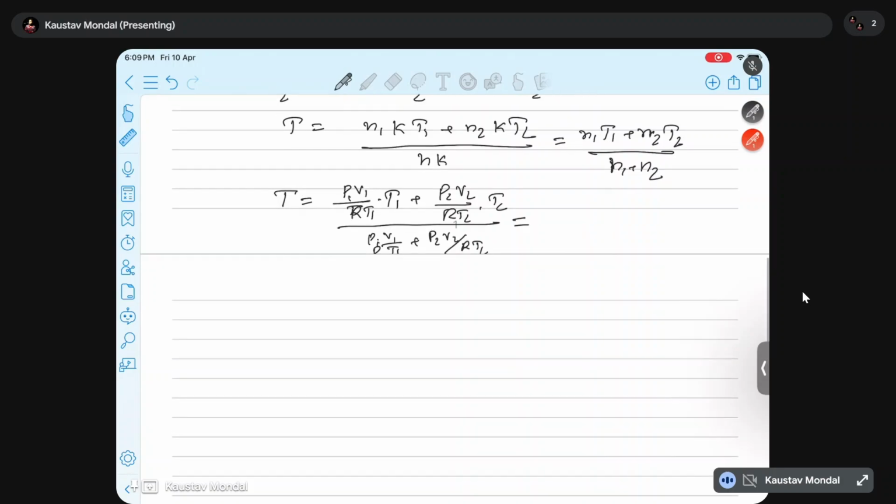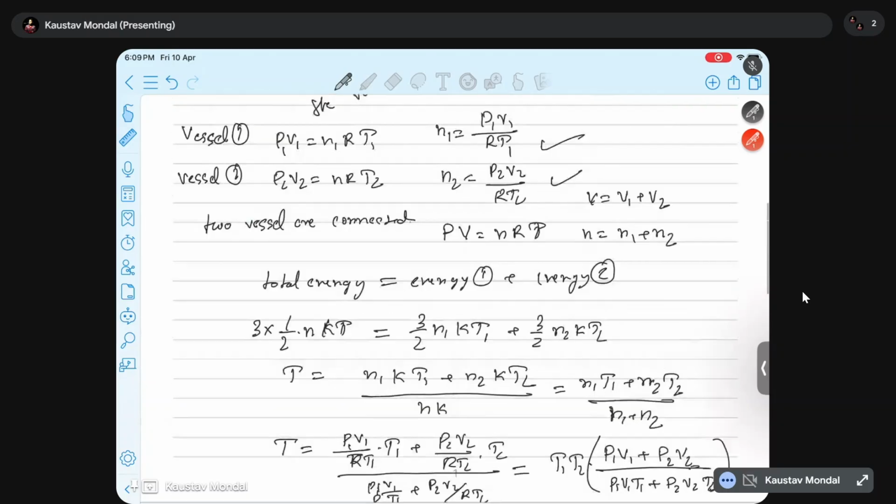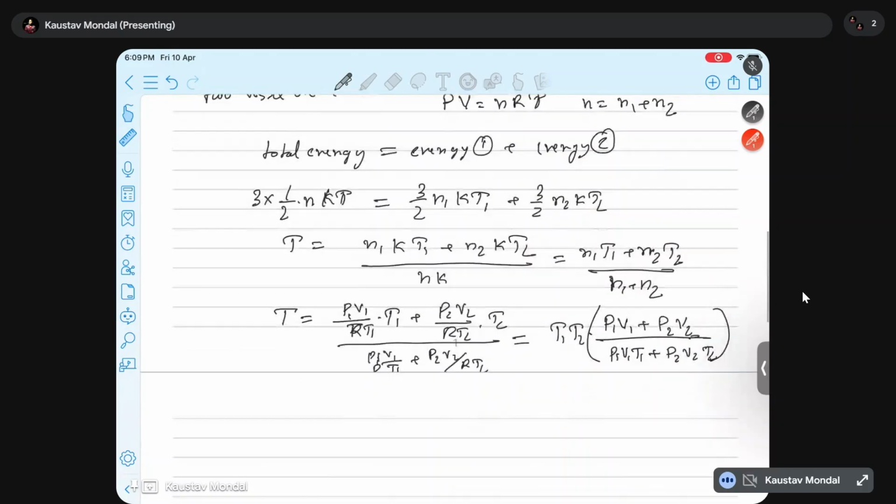So the equation will become T1 T2 (P1V1 plus P2V2) by (P1V1 T2 plus P2V2 T1). Okay. This is the total temperature. Okay, so we got this.